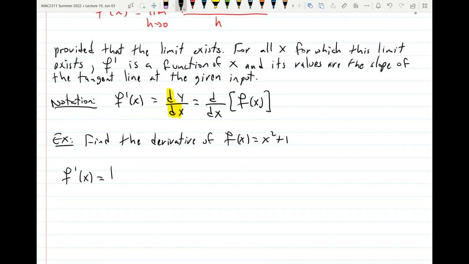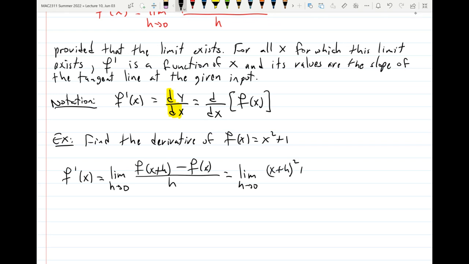And remember, we have our definition. That's the limit as h approaches 0 of f of x plus h minus f of x over h. So let's compute this. The point is that we do this computation one time, and then after that, we just plug in to get whatever slopes we want.